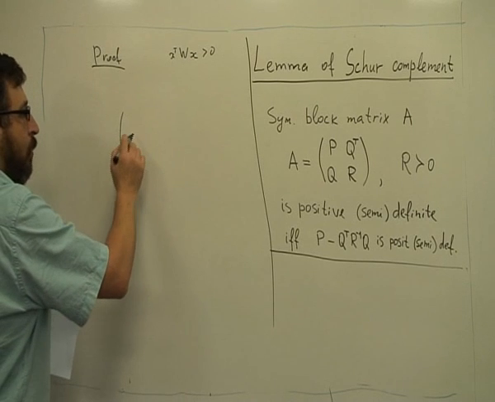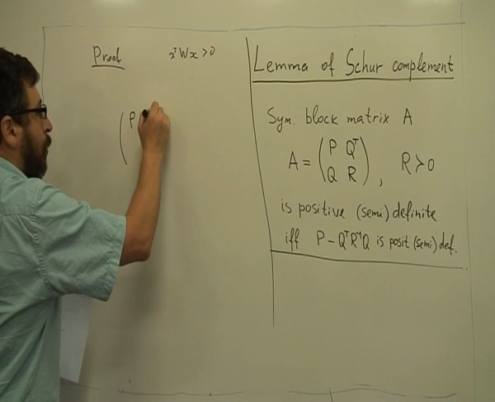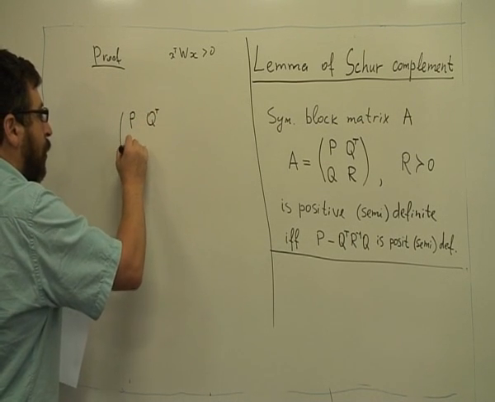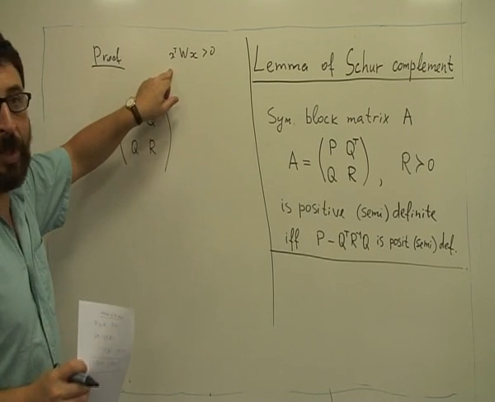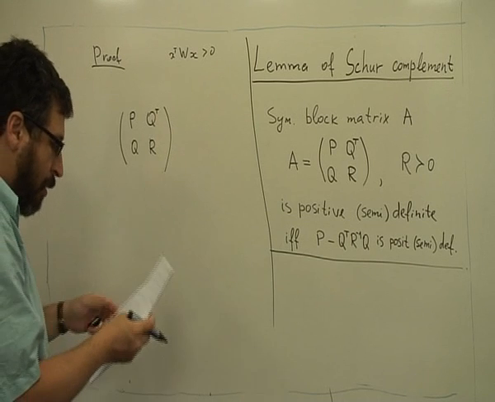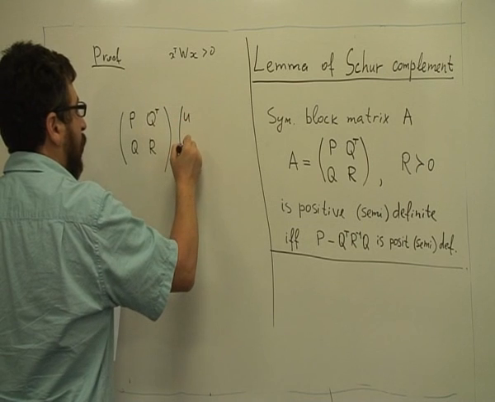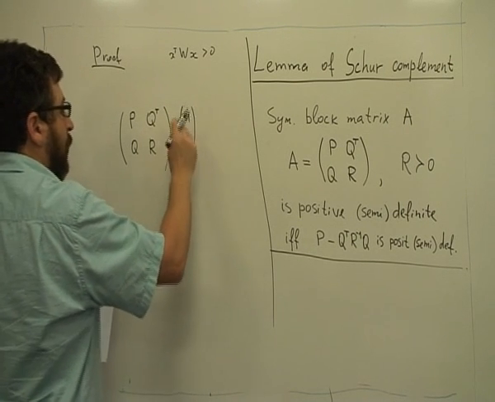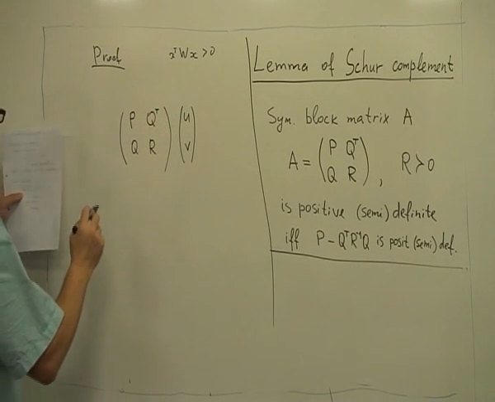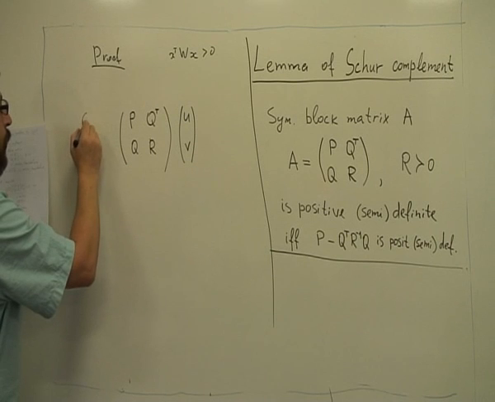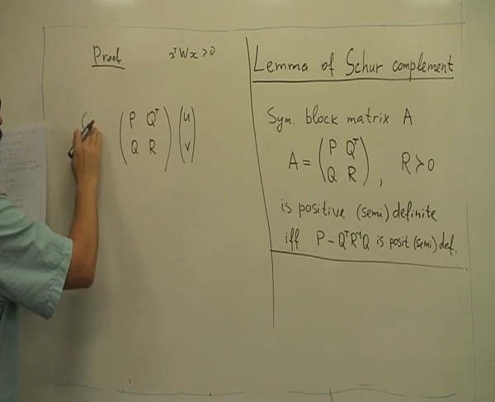Because our matrix is blocked, let me rewrite it: P, Q transpose, Q, R. We will also split our vector x in two parts. So instead of x, we will write u and v, those are vectors, one under the other. And here I can write u transpose, v transpose.